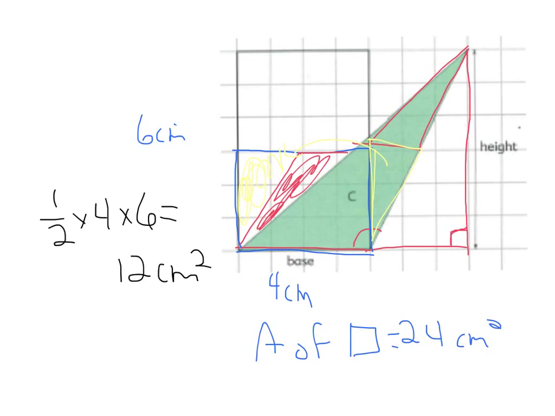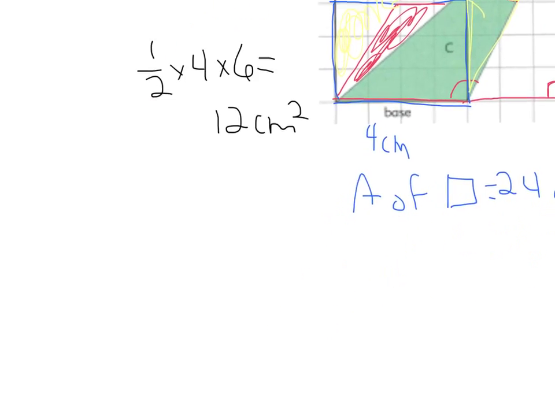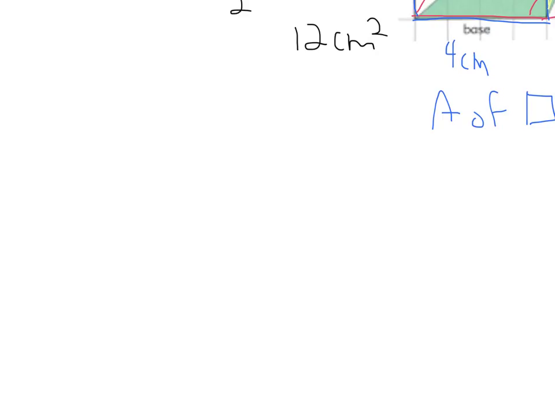But the thing I want us to get from this is, if we want to find the area of any triangle, here's what we have to do. We have to find the base, and the base will be one of the sides. And we have to find the height, and the height will be a distance from the other side of the triangle to the base, and it's always perpendicular, which means it forms a 90-degree angle.